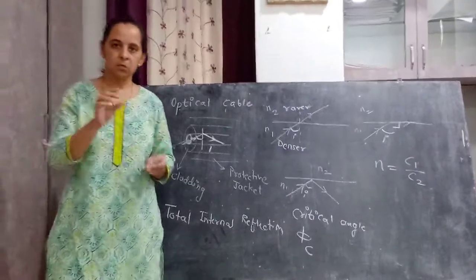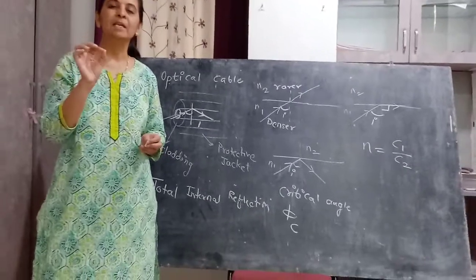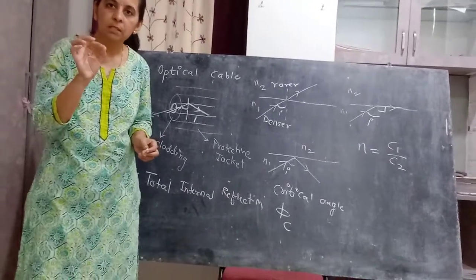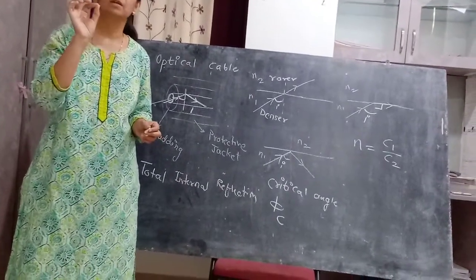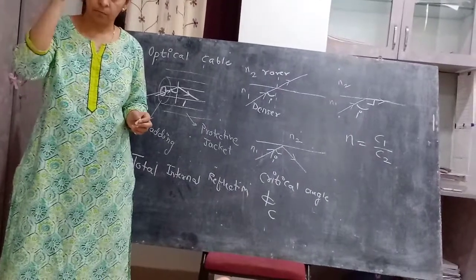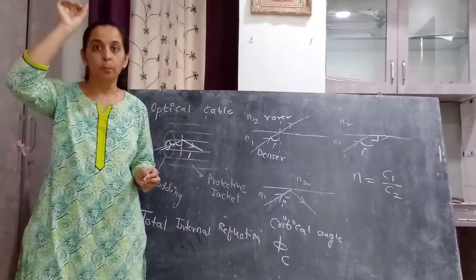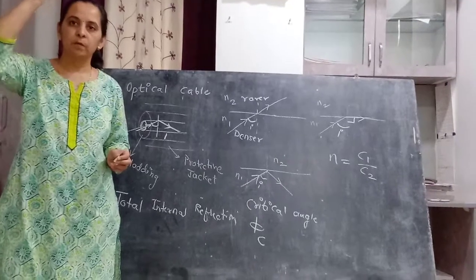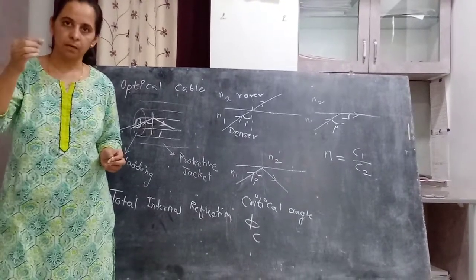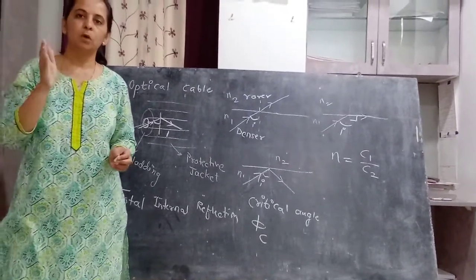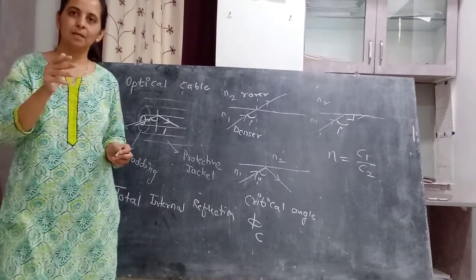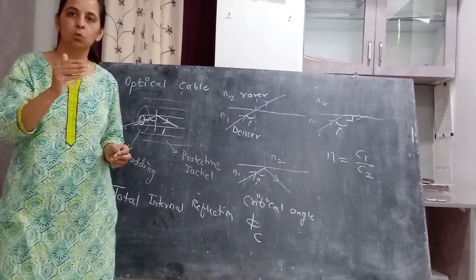The radius of this glass core is very small. It is as small as the diameter of our hair, right? It is 50 micrometer or 100 micrometer, right? So you can imagine how difficult it is to pass the light inside this core.